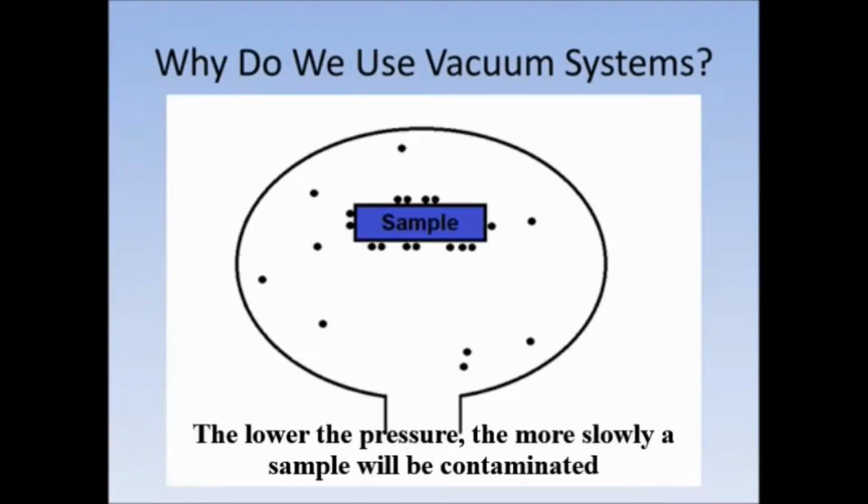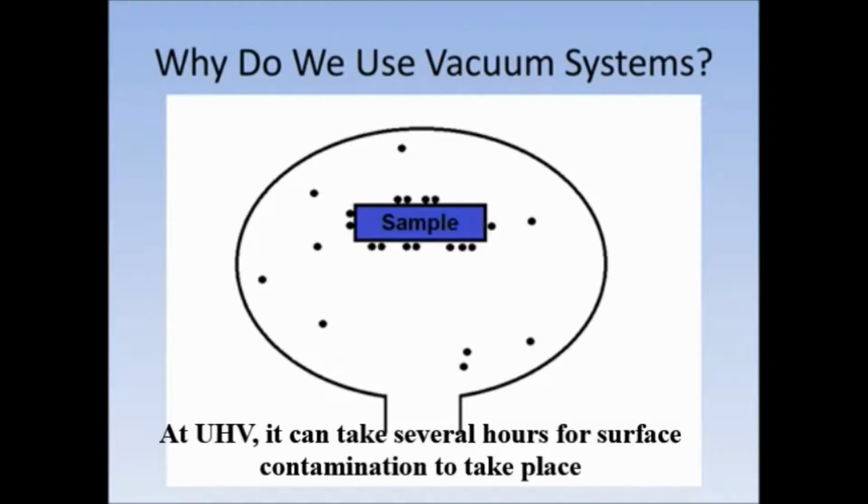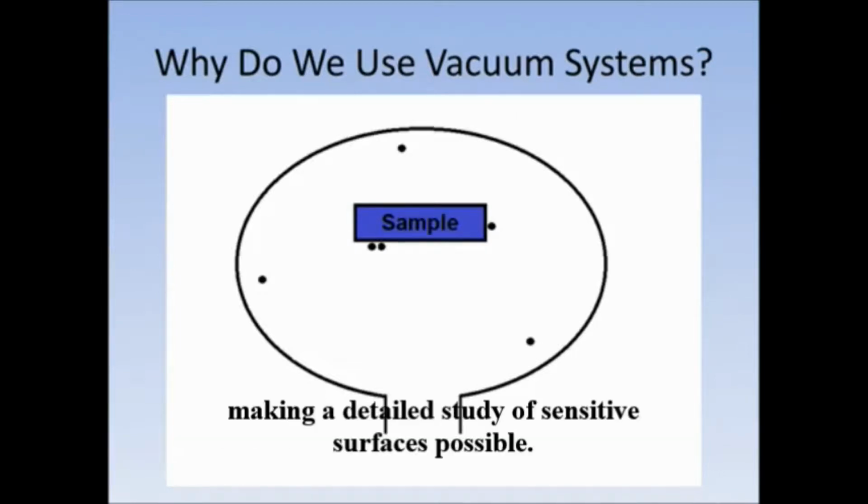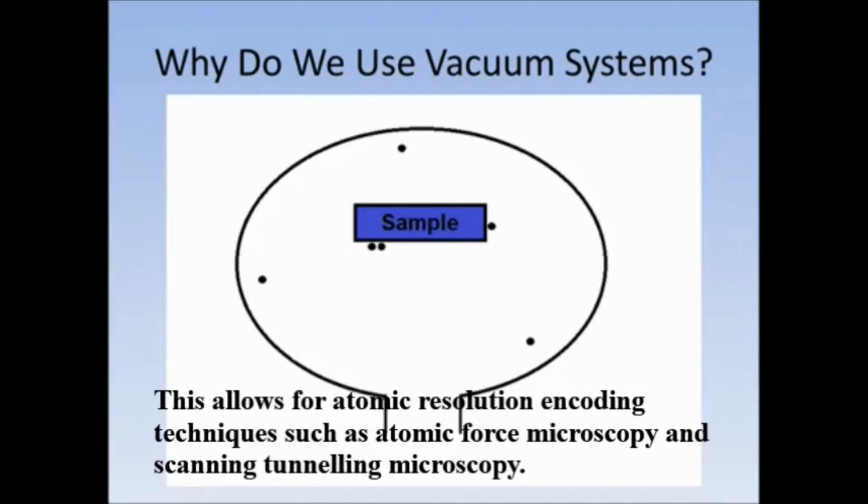The lower the pressure, the more slowly a sample will be contaminated. At UHV, it can take several hours for surface contamination to take place, making a detailed study of sensitive surfaces possible. This allows for atomic resolution techniques such as atomic force microscopy and scanning tunneling microscopy.